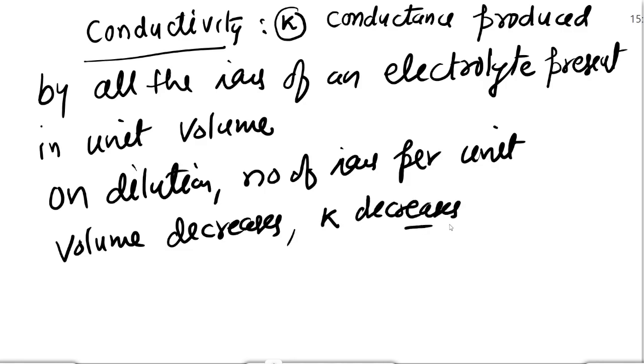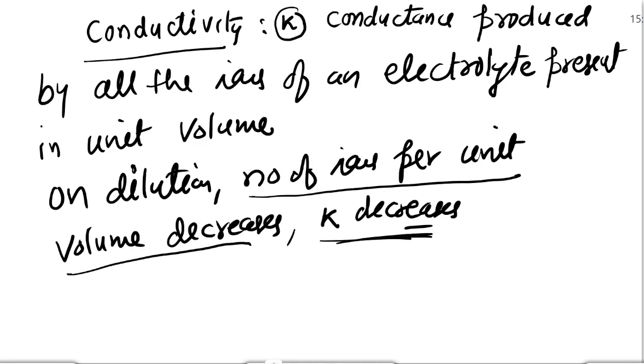So keep in mind that conductivity, that is the conductance produced by all the ions of the electrolyte, which is present in unit volume. And on dilution, what happened? Number of ions per unit volume decreases, and therefore conductivity always decreases.